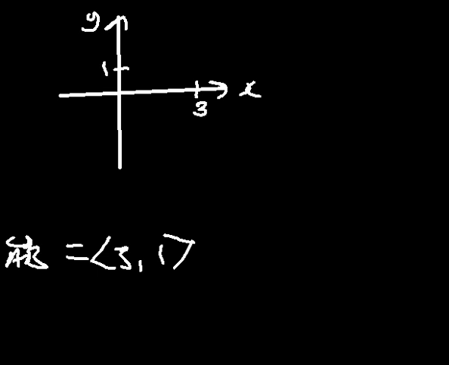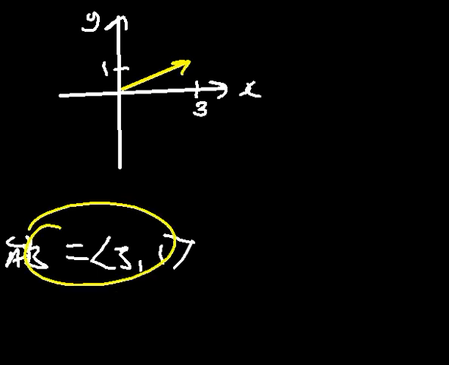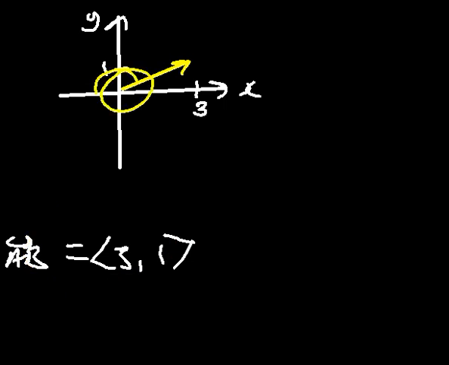So this is the vector AB, and that shows that it is a position vector, the vector drawn from the origin. Bear that in mind.